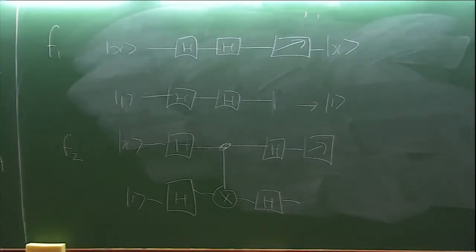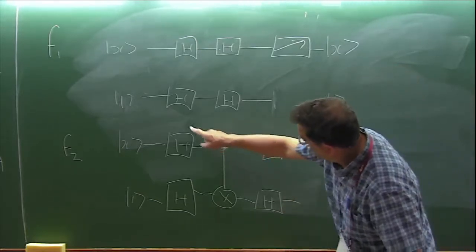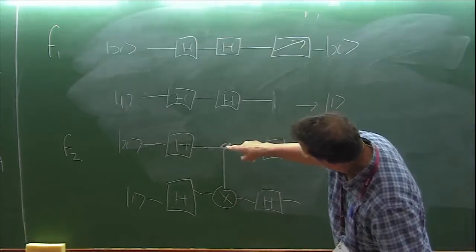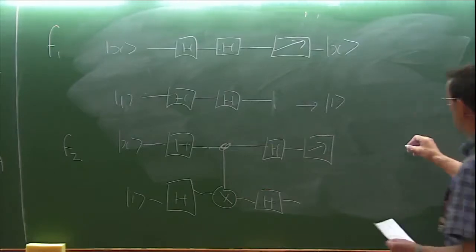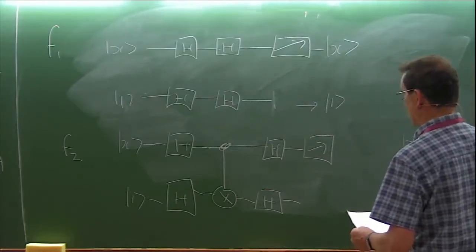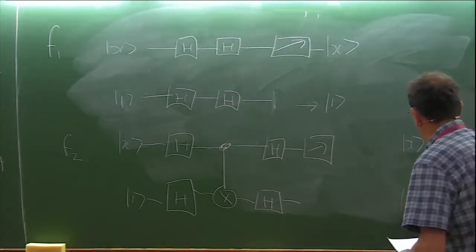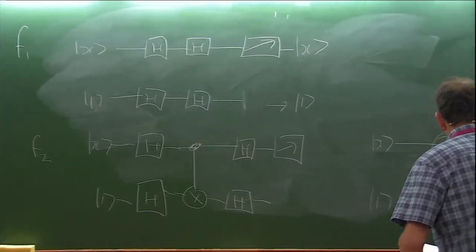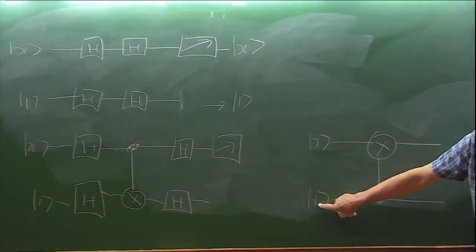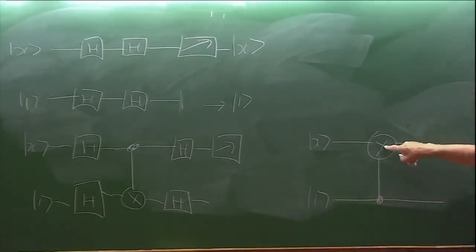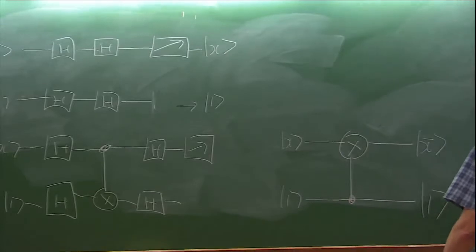So this is equivalent to the exercise we just went through. This is equivalent to having a control NOT, but where you exchange the control and target bits. So in other words, we just showed that this is x, and this is 1. The reason I set the lower register to be 1 is that this will then flip x. So this is x bar, and this is unchanged as 1.